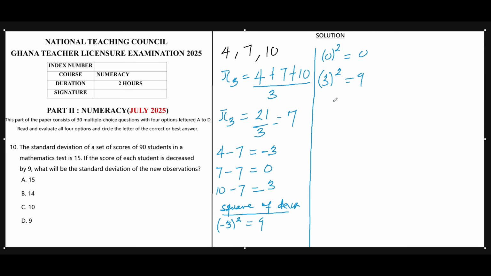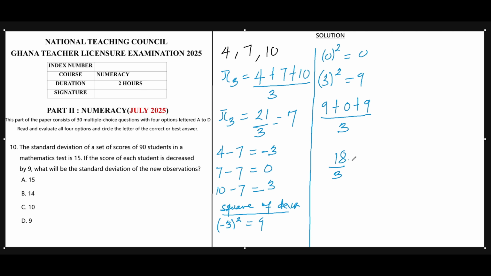Next, we are going to sum up the squares of the deviations and divide by 3 because we have 3 different students. So the first squared deviation, 9, plus the second, 0, plus the third, 9, the whole of this divided by 3. 9 plus 0 plus 9 is 18, divided by 3.